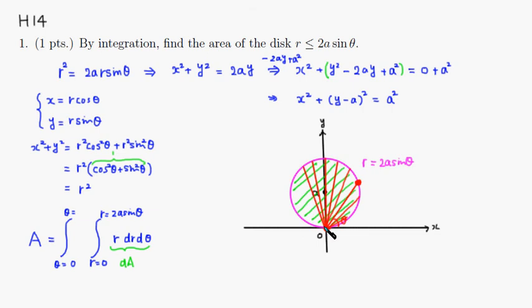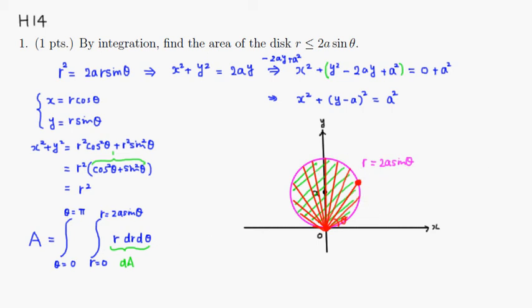To cover the entire disk, theta has to go up to pi. So theta goes from 0 all the way to pi, so this is going to be pi right here. This is the double integral that represents the area of this disk.